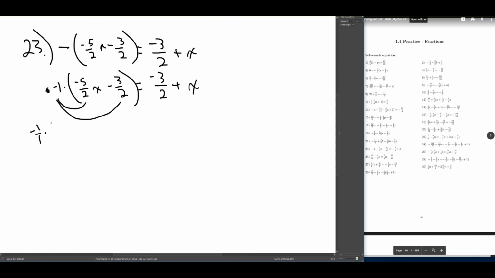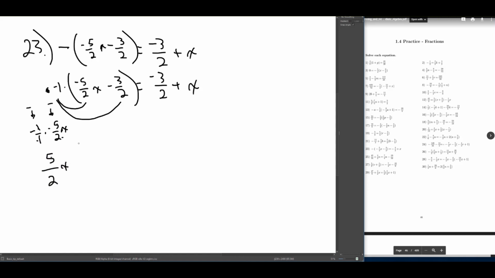Minus 1 over 1 multiplied by minus 5 over 2. There's a negative here and there's a negative here. An even number of negatives in a multiplication generates a positive result. So 1 times 5 equals 5. 1 times 2 equals 2 times x.